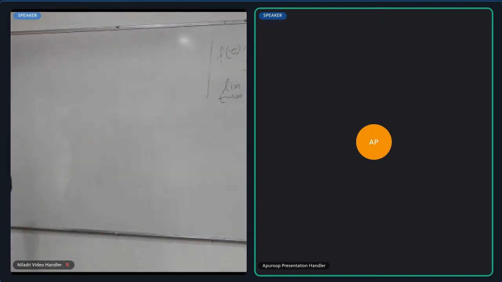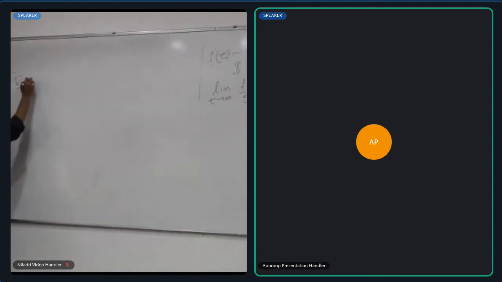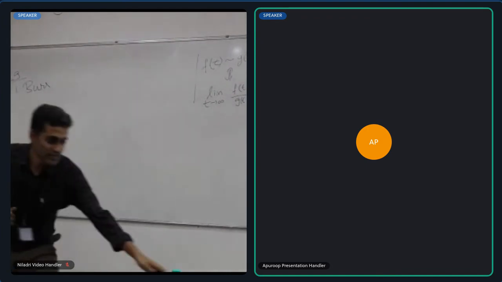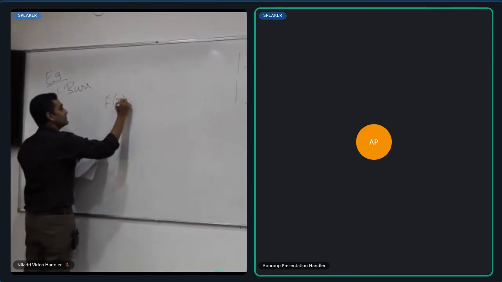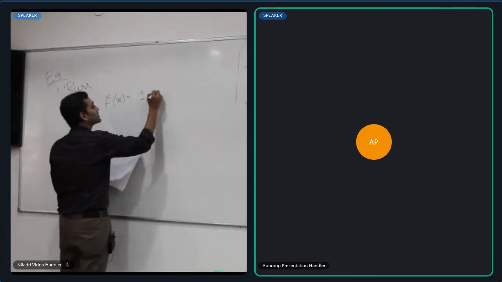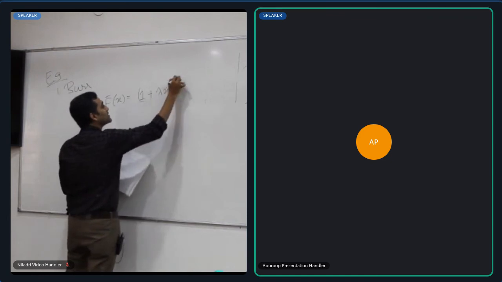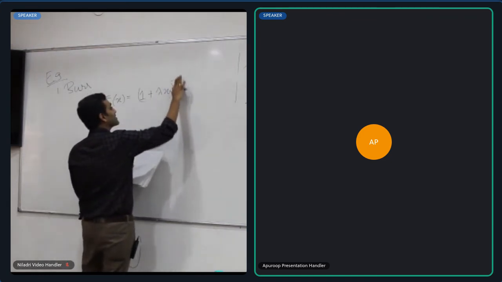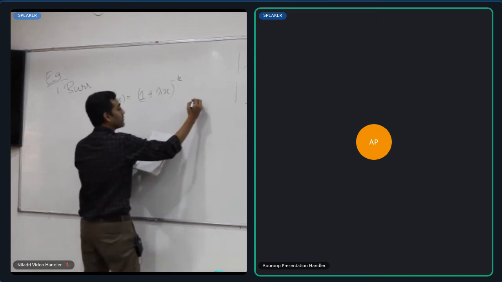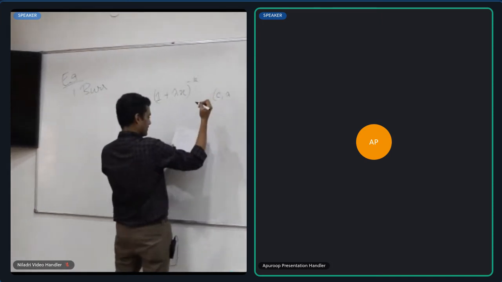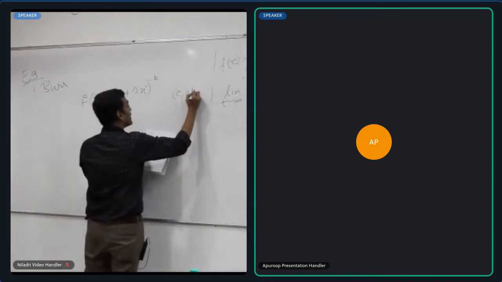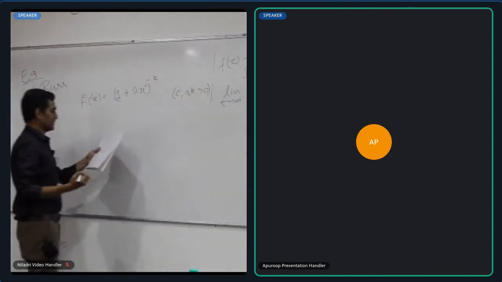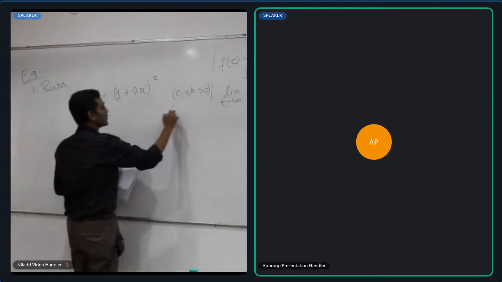Okay. So examples of regular variation. The first of these is called the Burr. The Burr distribution looks as follows: F bar of x is equal to (1 plus lambda x) raised to minus k, or (1 plus lambda x raised to c) raised to minus k, where the parameters c, lambda, and k are all positive, and x is greater than or equal to 0.